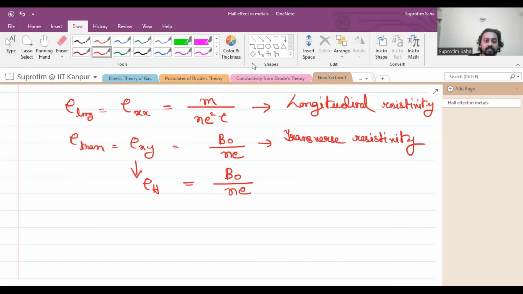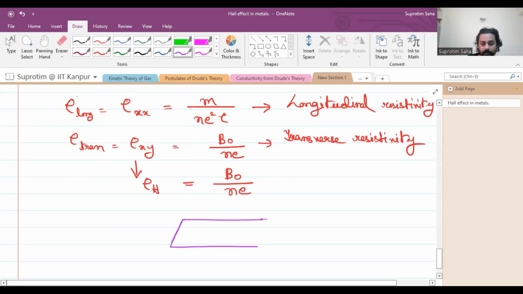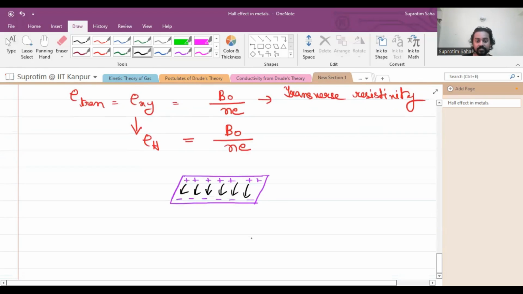So what is happening here? As I said, as the electrons drifted along the positive x direction, there has to be an electric field. Due to this electric field, there will be a voltage developed.